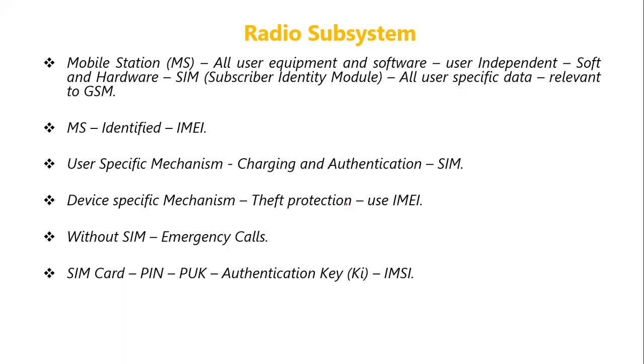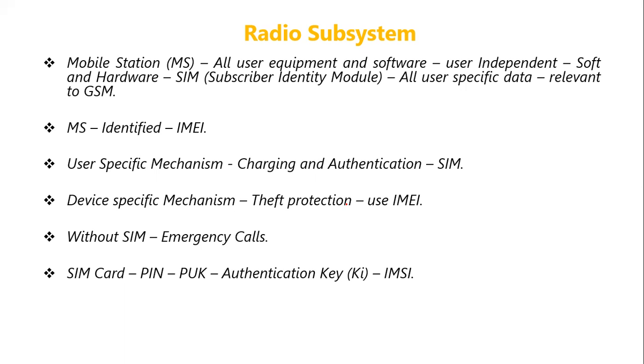And it also contains an authentication key, KI, and something called IMSI, International Mobile Subscriber Identity. This is nothing but the phone number, the mobile number through which we call other mobiles. So that number is called IMSI.